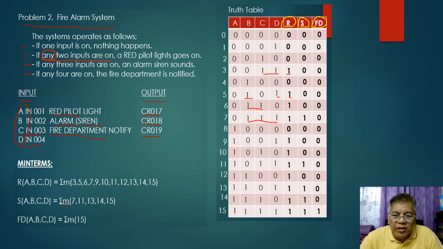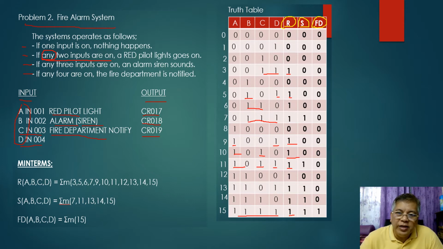Then we have another 1 here. You have 2 ones, so the output is 1, then 3 ones, the output is 1. Again, if you have 4 ones, then it will still be equal to 1. That is the representation of your output red pilot light.